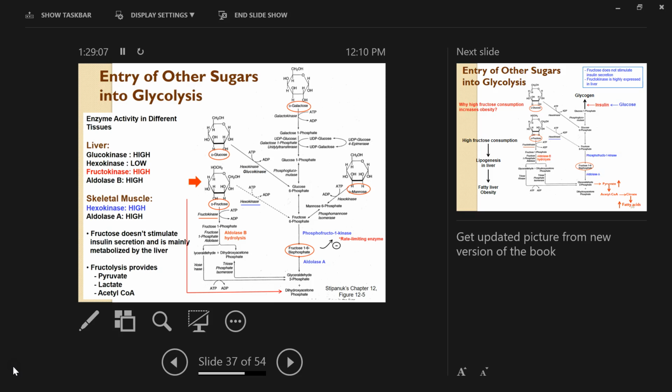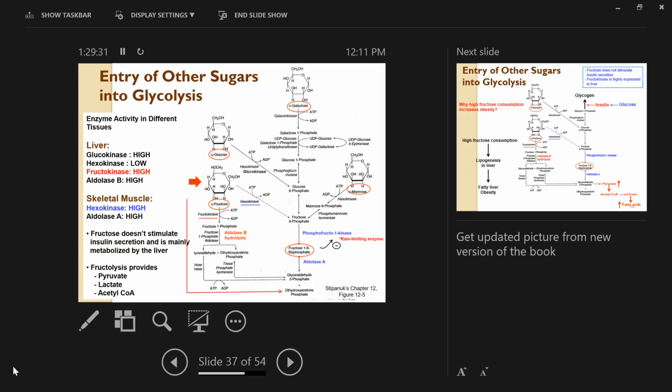Fructokinase has a similar function as glucokinase or hexokinase, but utilizes a different substrate, right? For glucokinase and hexokinase, the substrate is glucose. And the substrate for fructokinase is fructose.